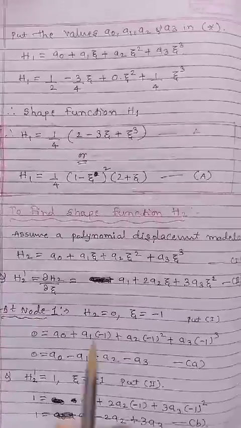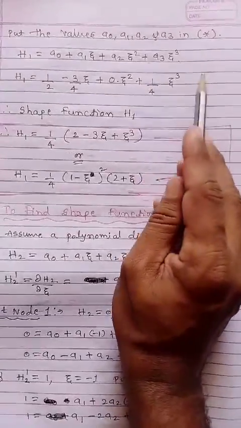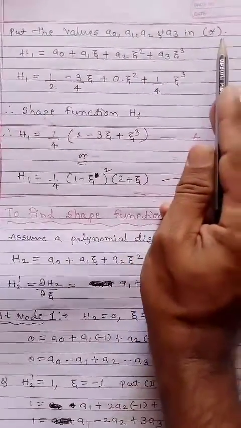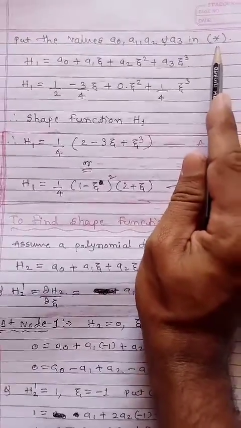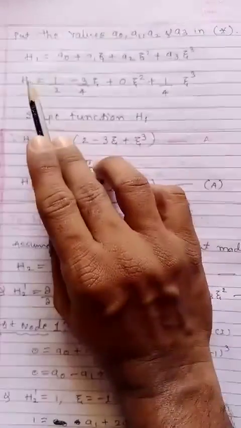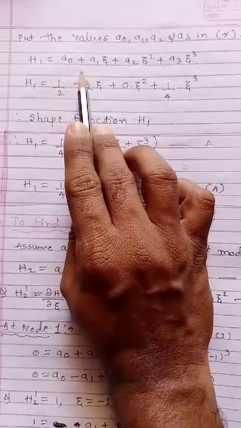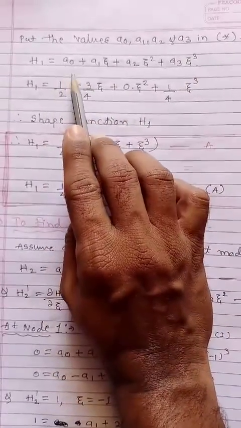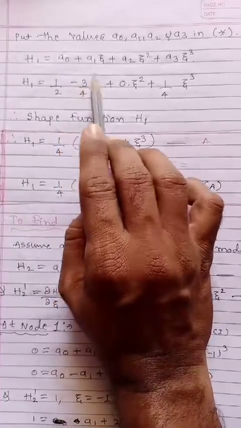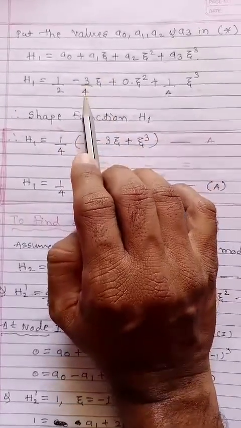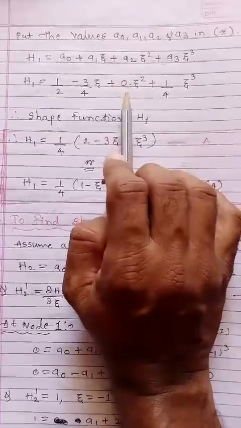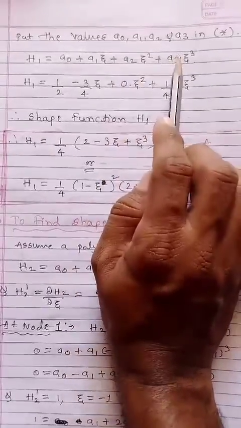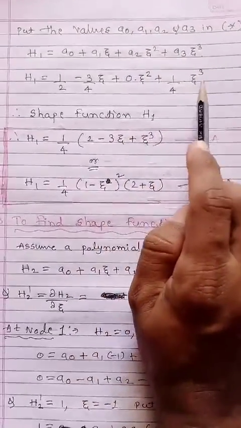Now put the values of A0, A1, A2, A3 in star, that is, previously we had taken two equations, one is star, another is double star. This equation is H1 equal to A0 plus A1 zeta plus A2 zeta square plus A3 zeta cube. So A0 value is 1 by 2, A1 value is minus 3 by 4 zeta, A2 value I got 0 zeta square, plus A3 value I got 1 by 4 zeta cube.